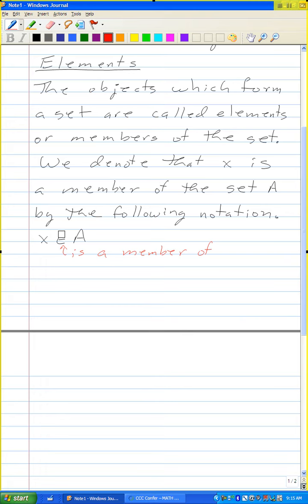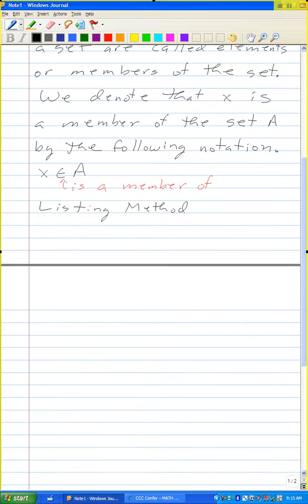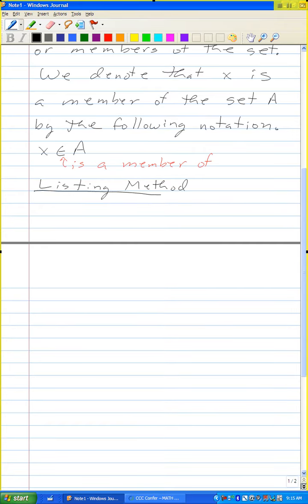So there are several different ways of writing a set. So the listing method. One way is just to list the members of the set, such as 1, 3, 8, 12. Those are the members of your particular set.